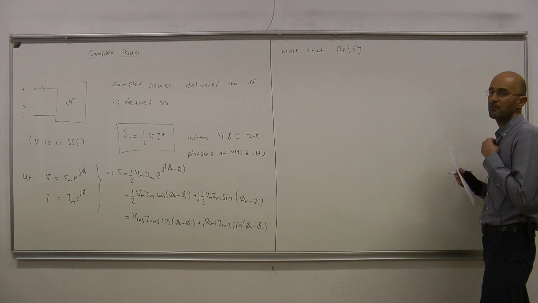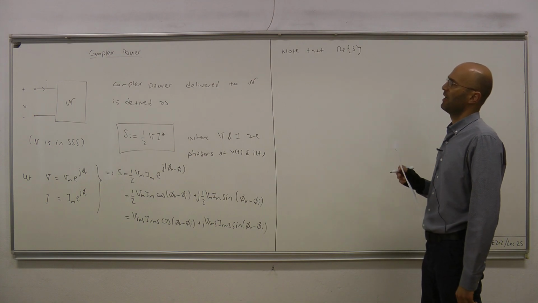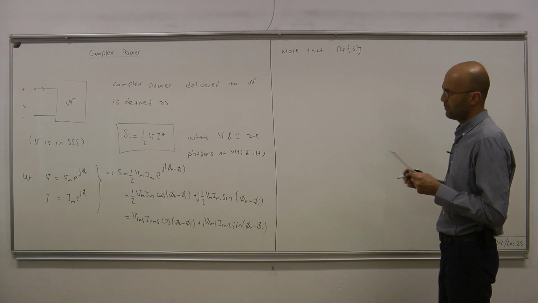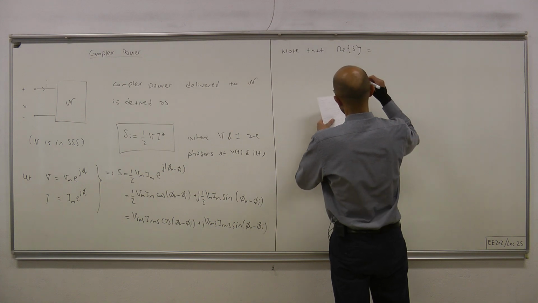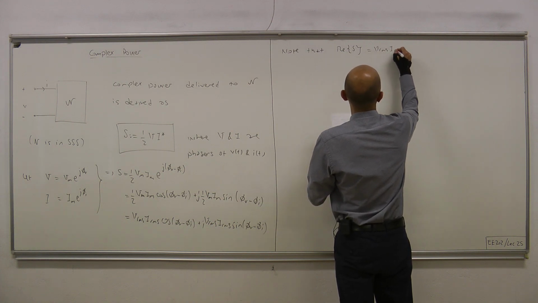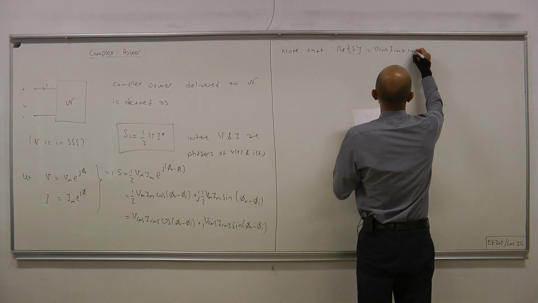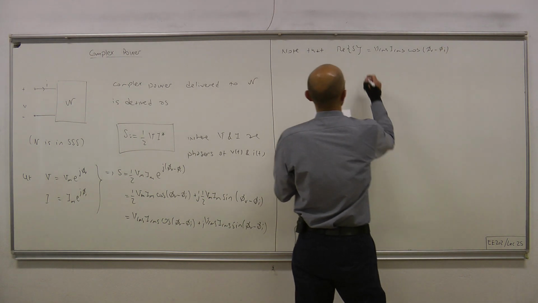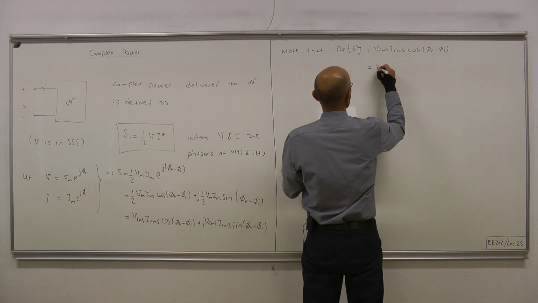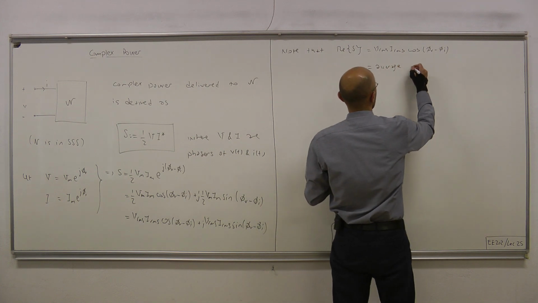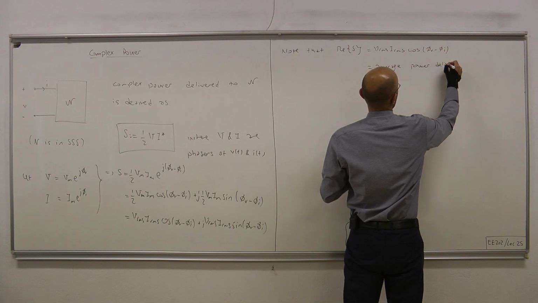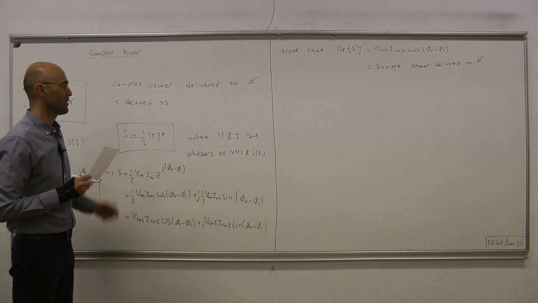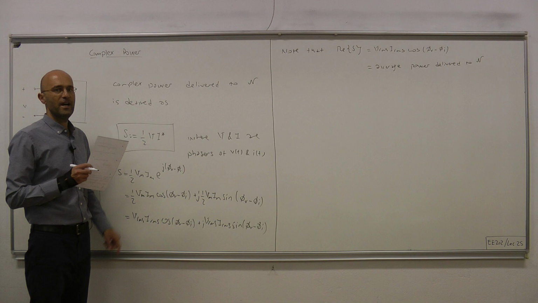If the one port is passive, without any independent sources, that would be the average power consumed by that one port, or delivered to the one port N. For that reason, from now on, we will be indicating the real part of S by P.